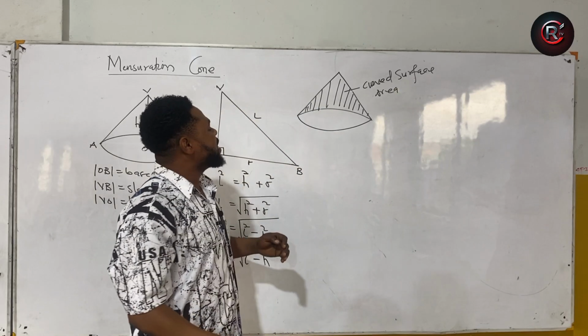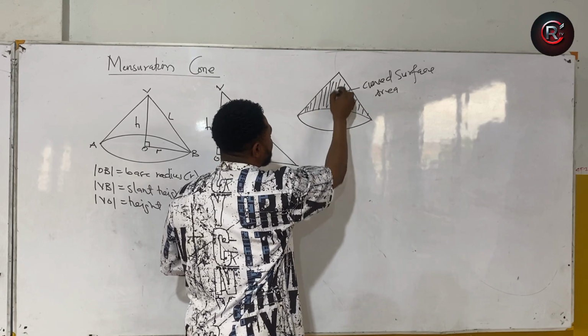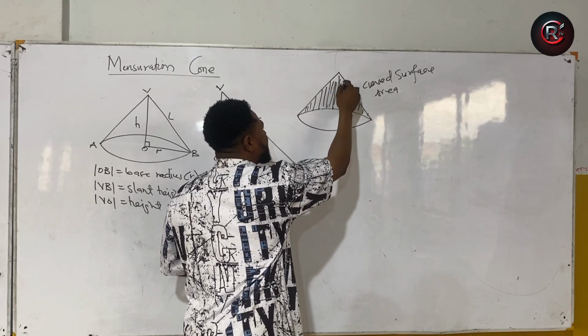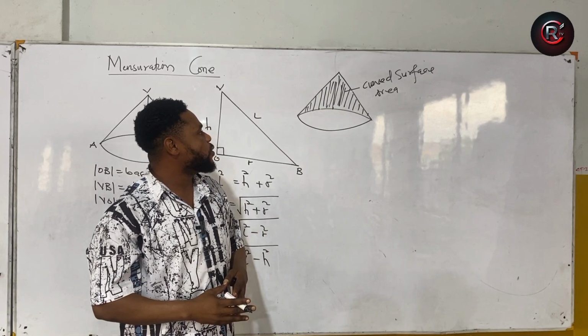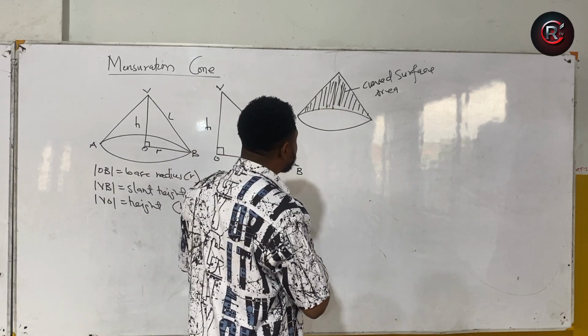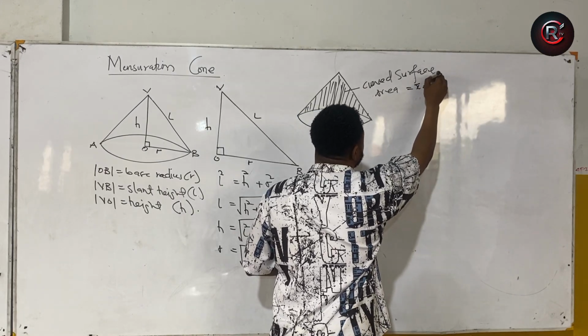So the curved surface area is the area made by the curve. This curve you can see. And mathematically, they can ask you to calculate the curved surface area of a cone. And we say the curved surface area of a cone is given as pi r L.